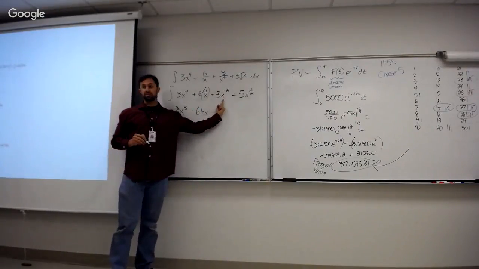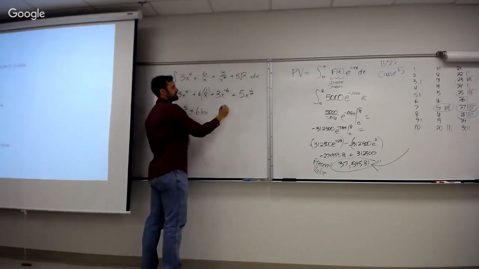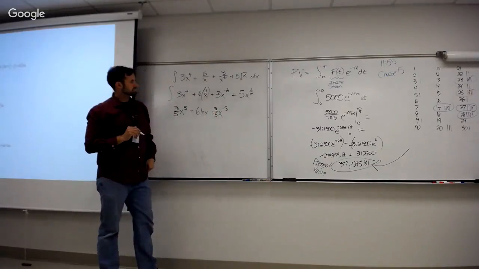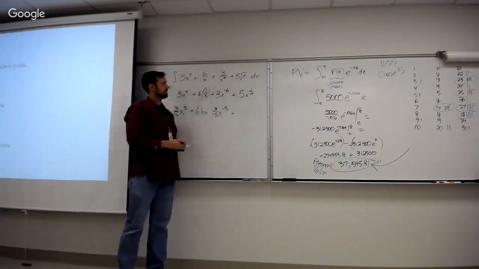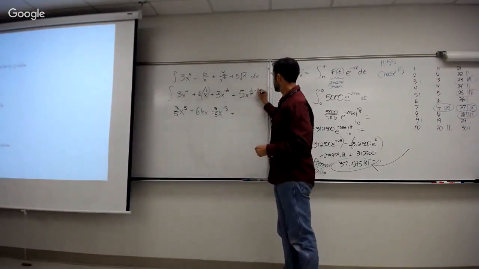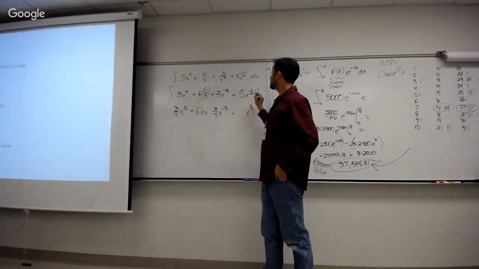Then again, the anti-power rule, add 1, and then divide by the result. So negative 6 plus 1 is negative 5, divide by the result. And then the last one, now instead of adding 1, what should we add? 2 over 2, just to make it easier. So that gives us x to the 3 halves, and then divide by the result.